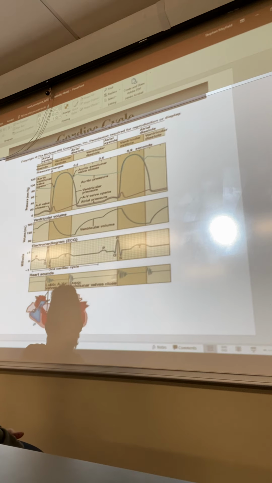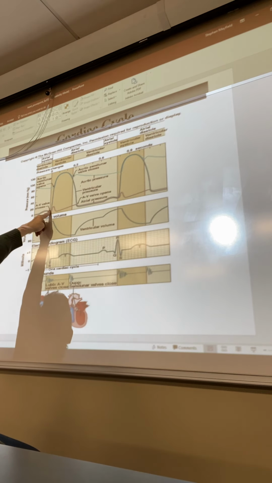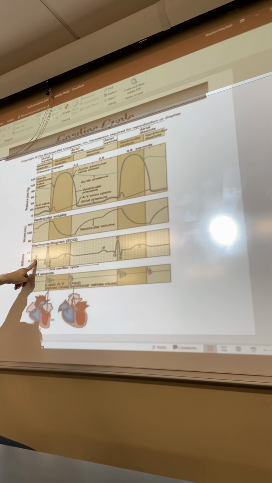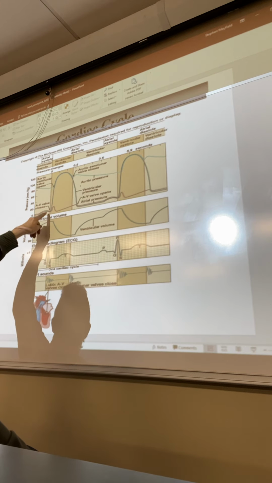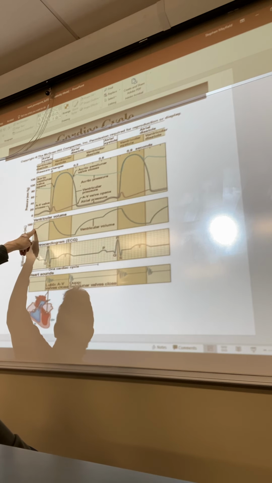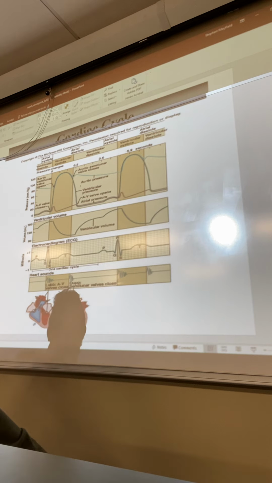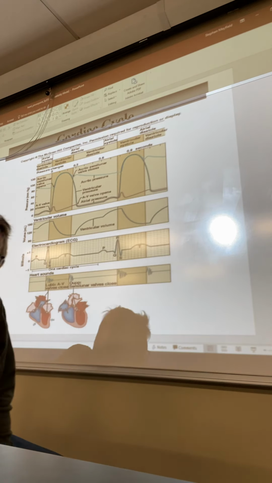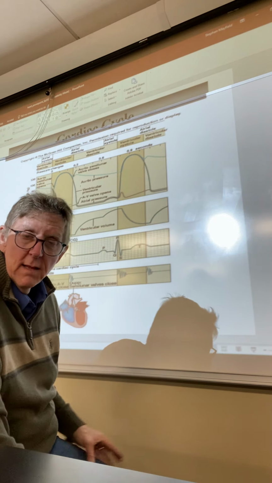You can see there's very low pressure at the very beginning, at the P wave, when the two atria are filling the ventricles. Now, as this is being filled, you can see there's a change in volume of about 70 or 80 milliliters.